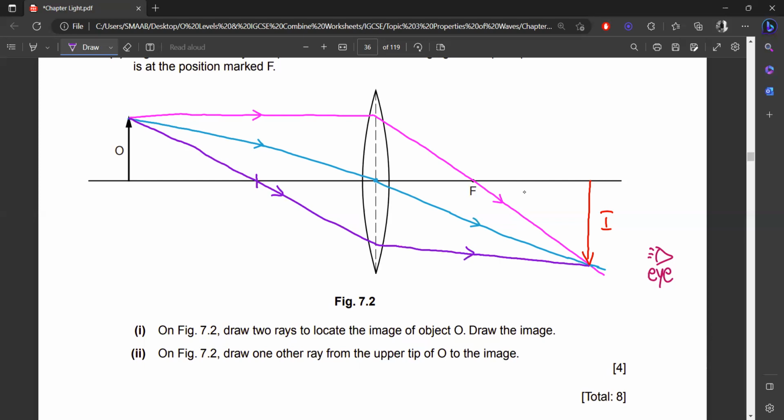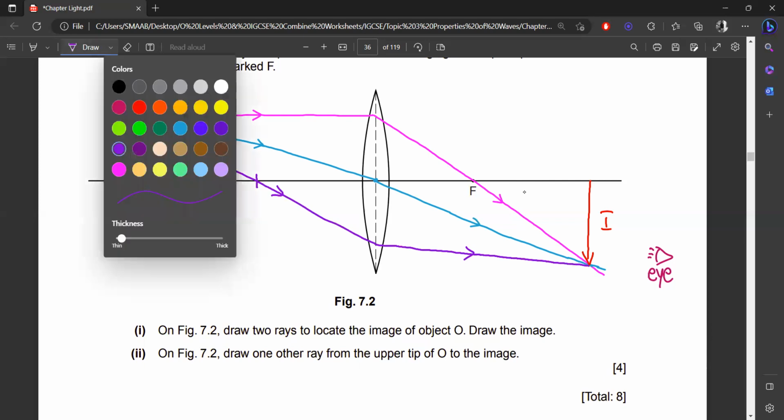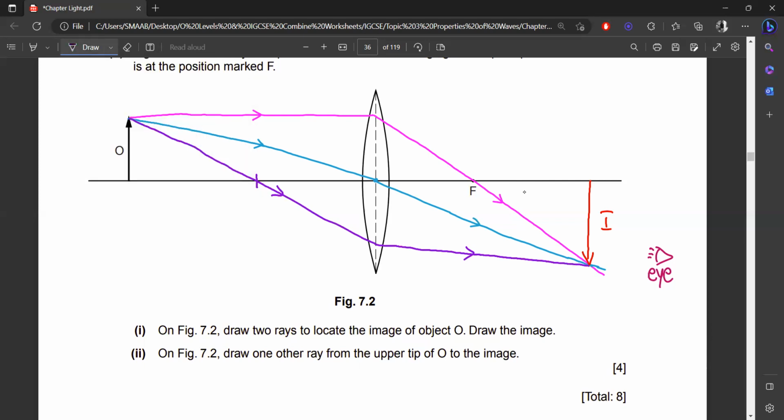So this will be the third ray. Okay. So we have rays over here, and these three rays are the standard rays which we need to remember. So always remember these three rays. If they ask about image formation, the formation of these three rays will be the same everywhere in the convex lens, right?